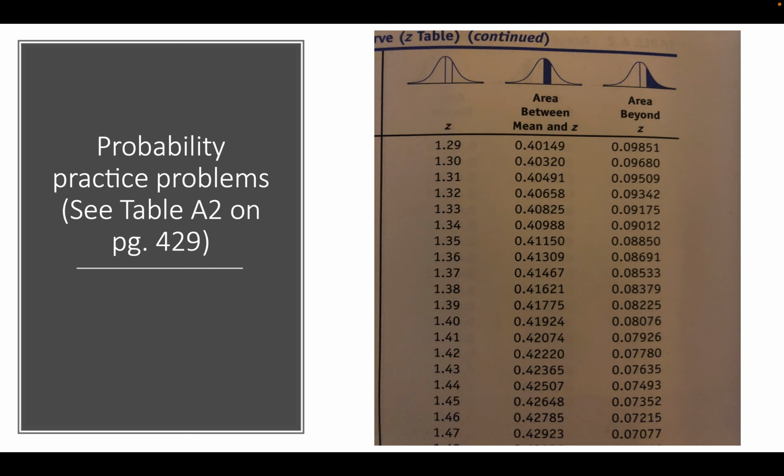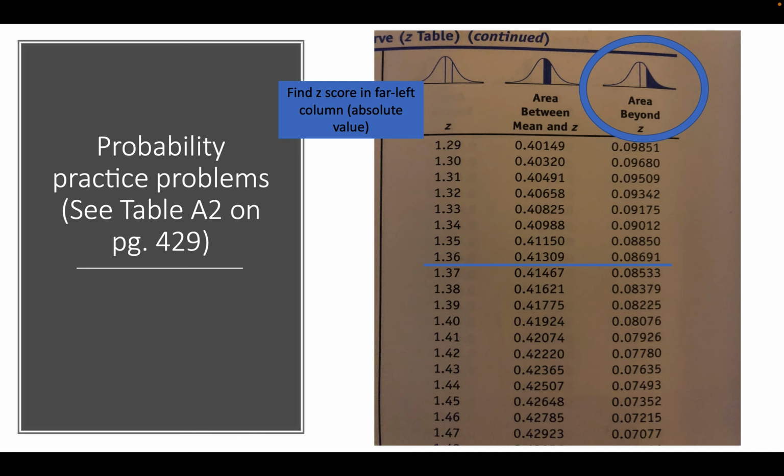So let's say that someone had a z-score of 1.36, right? And we want to know what's the probability that someone scored higher than her in the class. Well, first we're going to find 1.36 in that far left-hand column. And then we're going to look all the way to the right in the area beyond the z column.